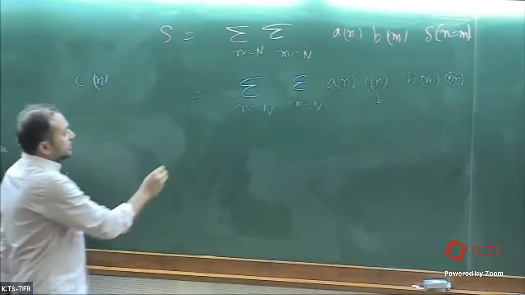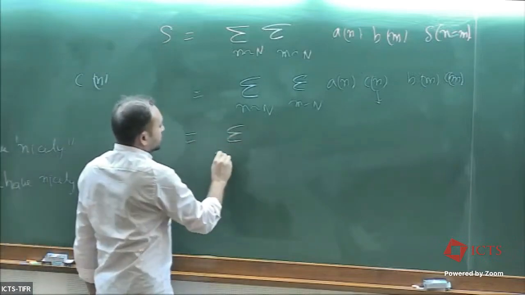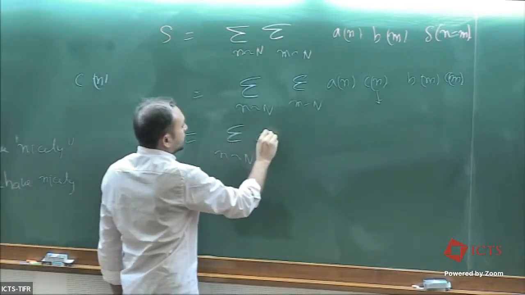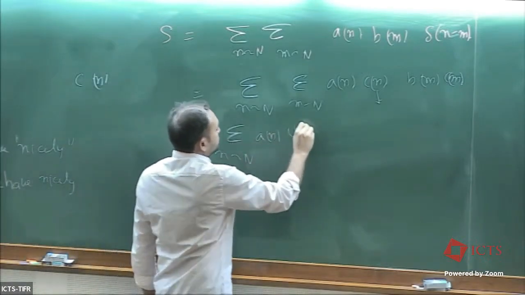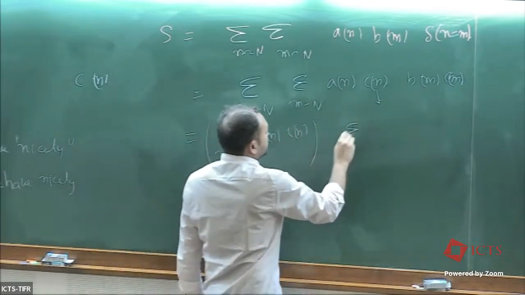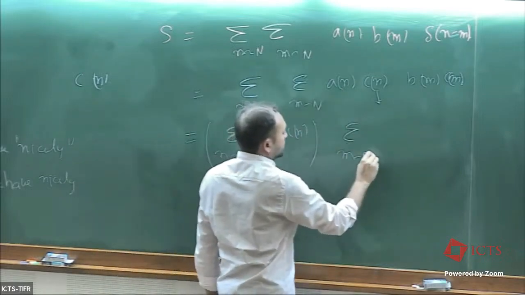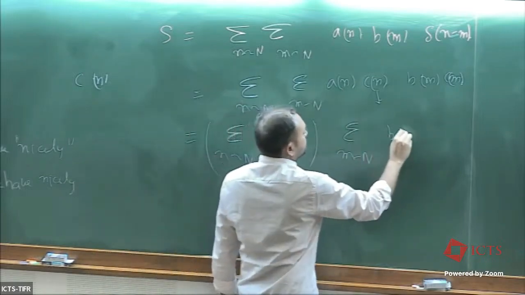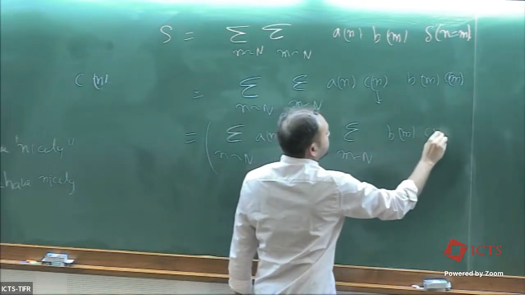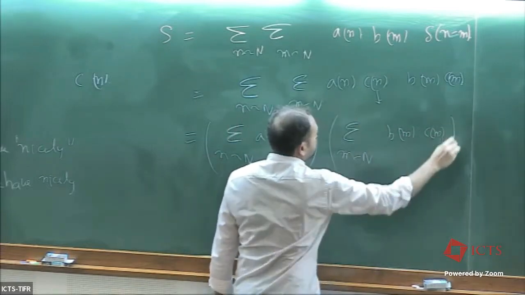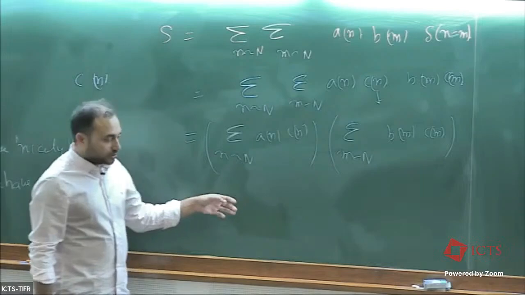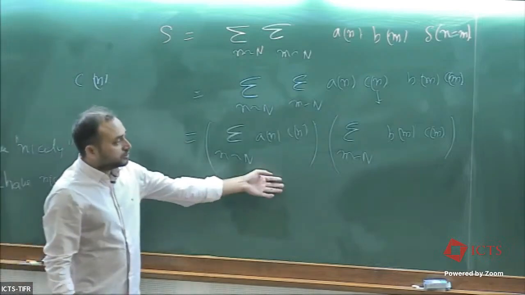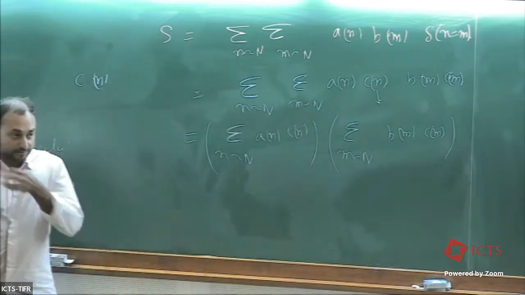Then these are two separate terms, the sum over n of size N of a_n c_n and the sum over m of size N of b_m. Now you can analyze these two terms separately and hope to get some non-trivial cancellations.